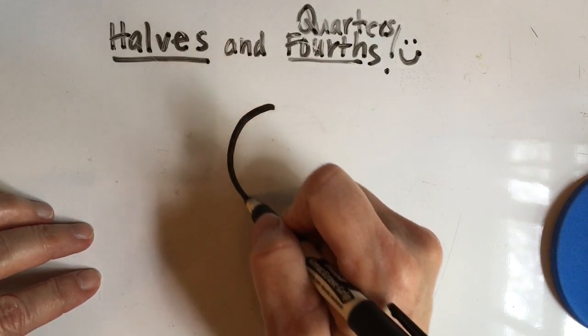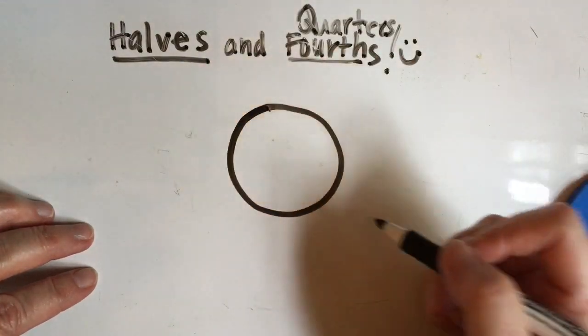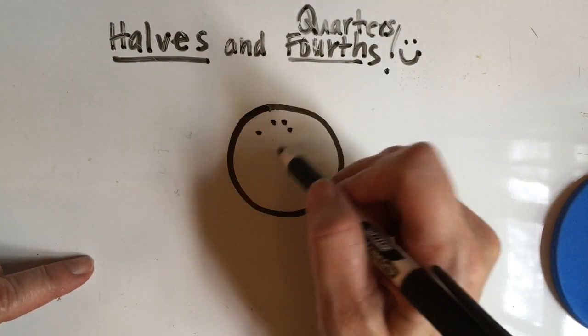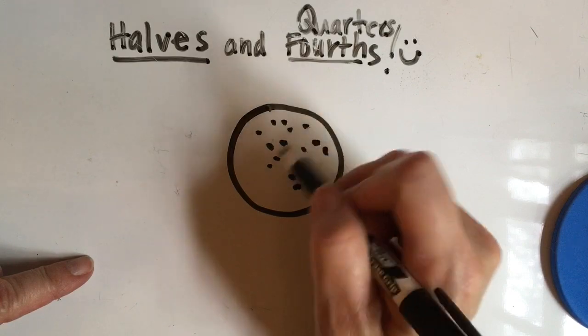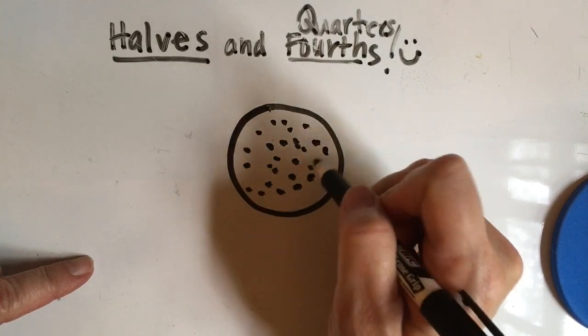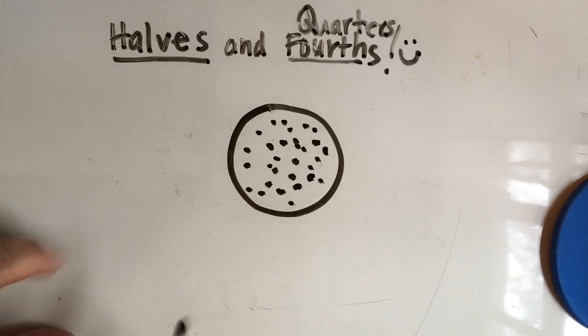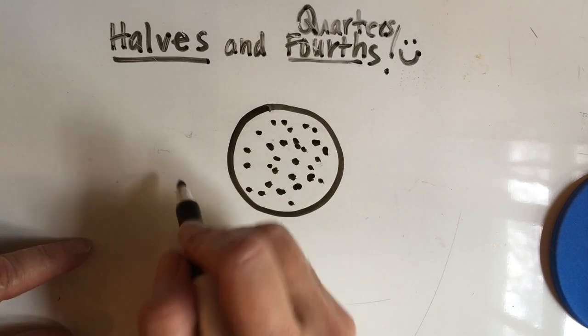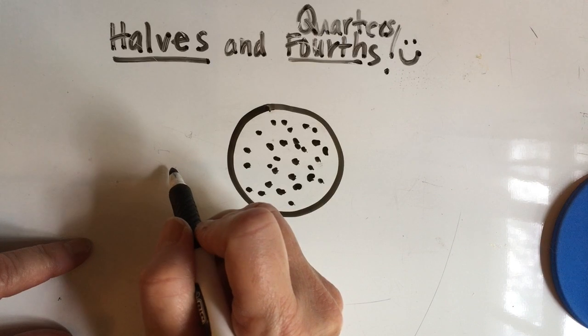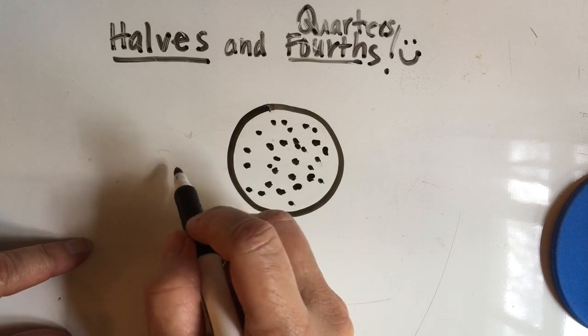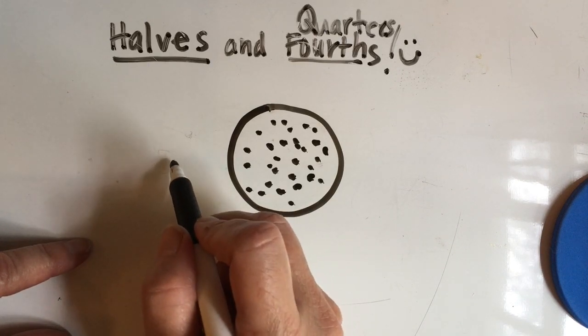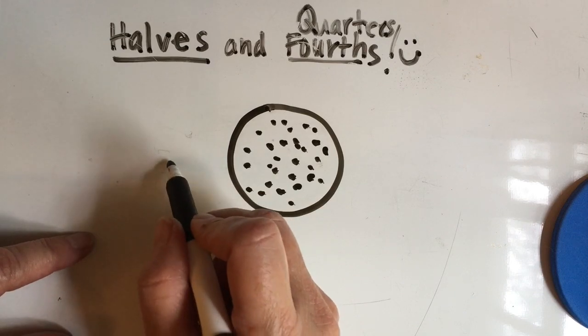Okay, so before I leave you, I want you to think about something. So I'm going to draw a pizza here. Let me put some toppings on there. I don't know what kind of toppings those are. Not very delicious looking, are they? Okay, so there's our pizza. And now, here's my question I want to pose to you. And this is going to seem obvious, but I want you to look at the way we write the fraction, and I want you to think about how we name the fraction.